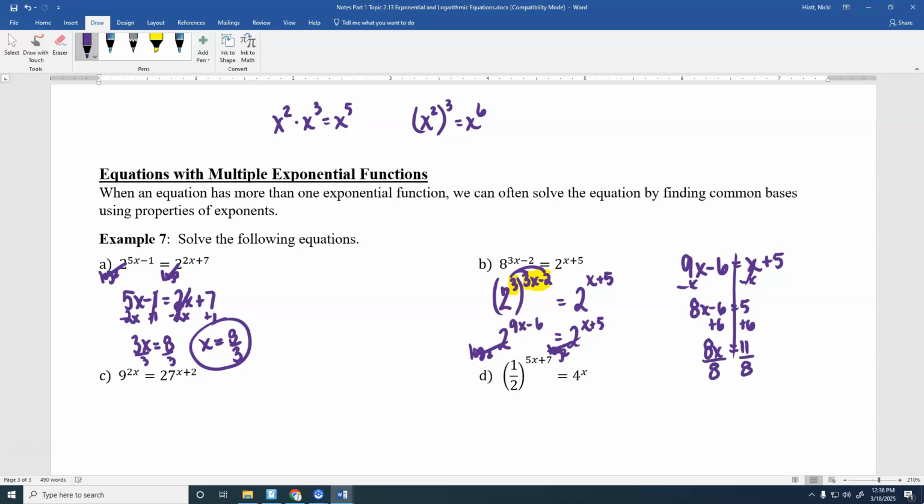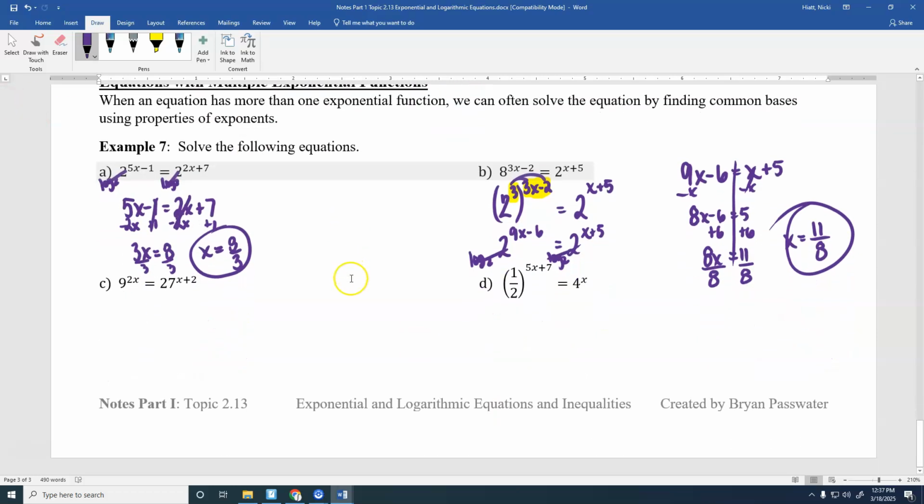Divide by that 8. So x equals 11 eighths. There. Okay, questions there?